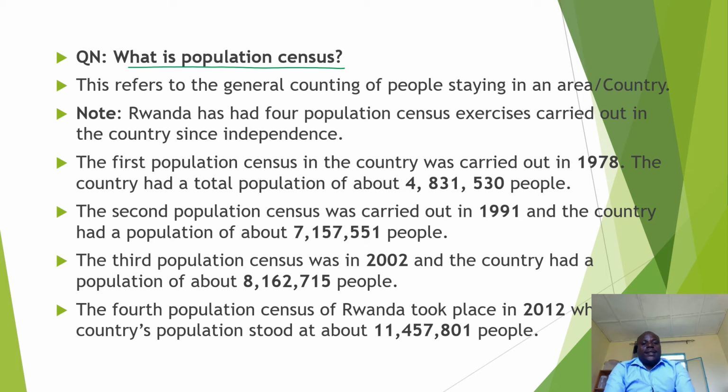Then numbers increased also in 2012, that is the last population census we had. And I think by that time we were 11.4 million people. You see the trend, the change is positive.